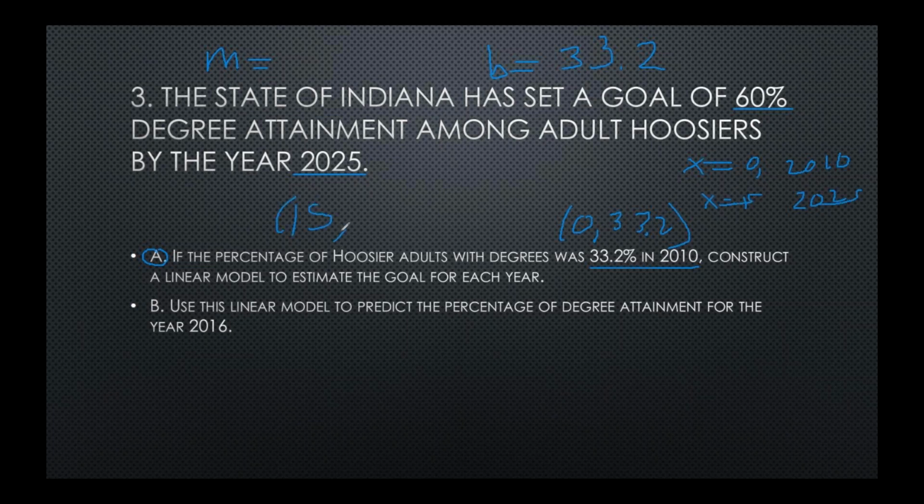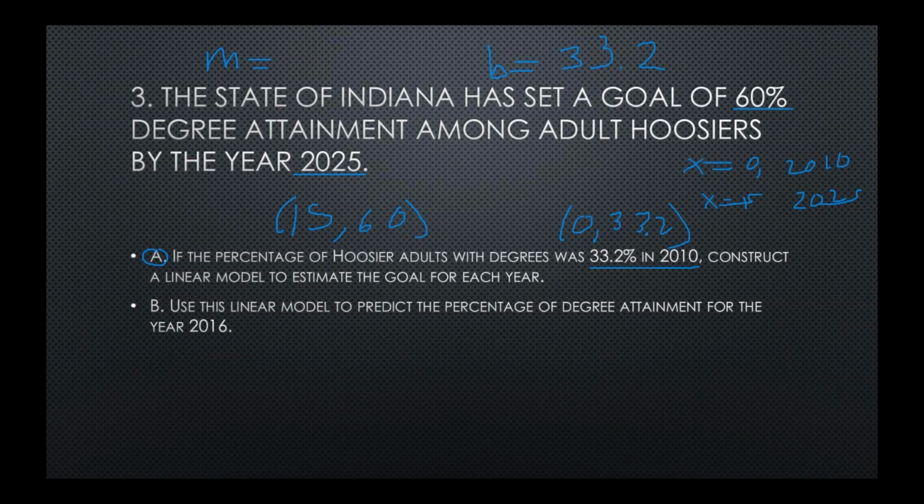So that would give the other ordered pair 15, 60. Yep. So far, so good. Then you use those ordered pairs in order to find your slope.